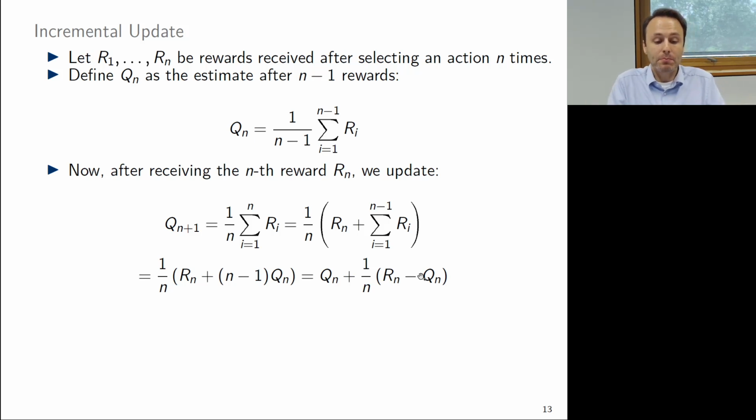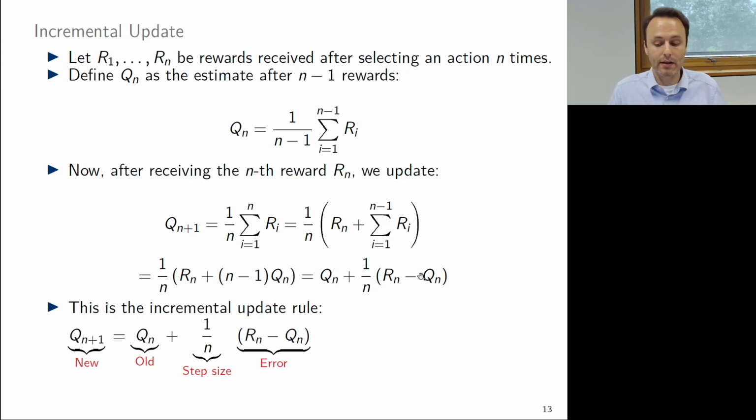And if you multiply that out, we have the old value of Q plus 1 over n times the new reward that we just got minus the old value of the Q. And if we calculate it out, we get the new value. And that's an incremental updating rule.